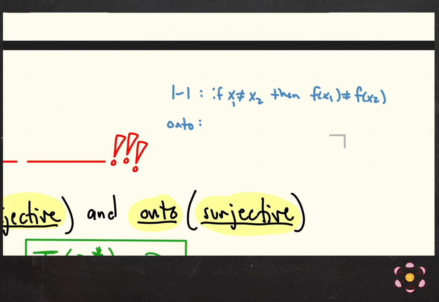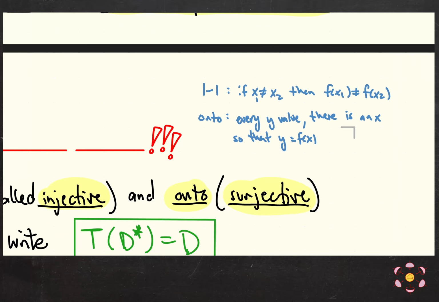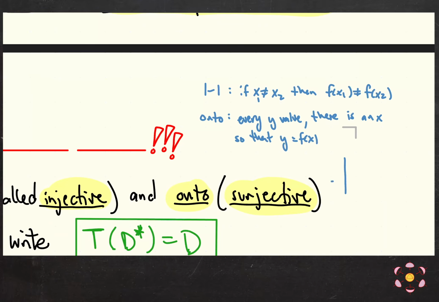Okay, onto means that for every y value there is an x so that y equals f of x. Okay, let me just translate these into more geometric conditions, or let me just give you two examples.